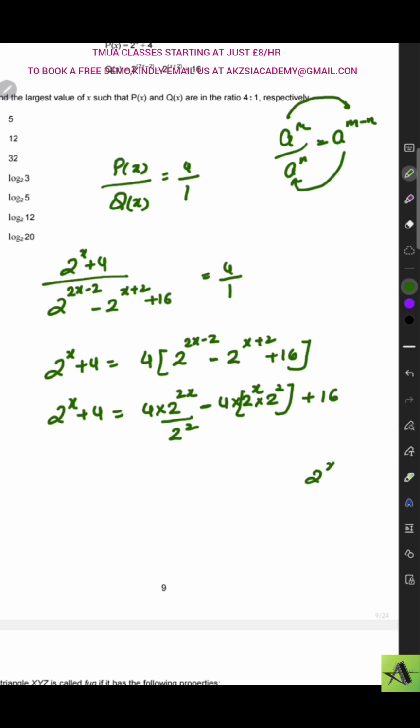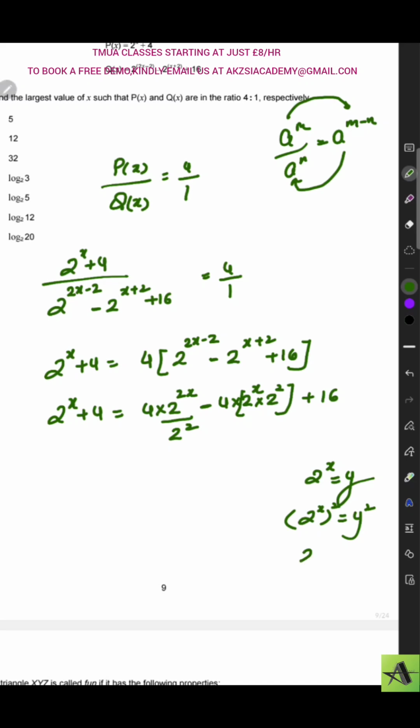Clearly, I can write 2 to the power of x as y, and squaring both sides gives 2 to the power of 2x equals y squared, because we know a to the power of m whole to the power of n is a to the power of mn.